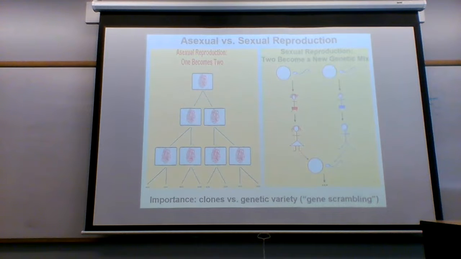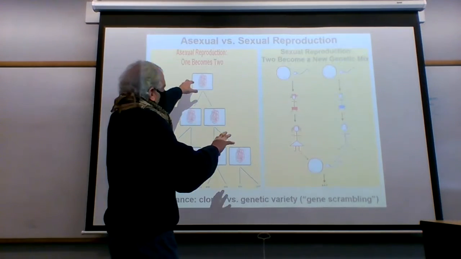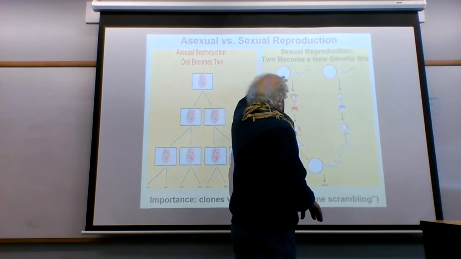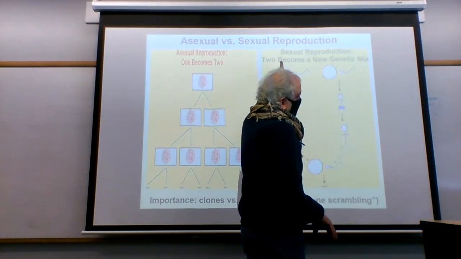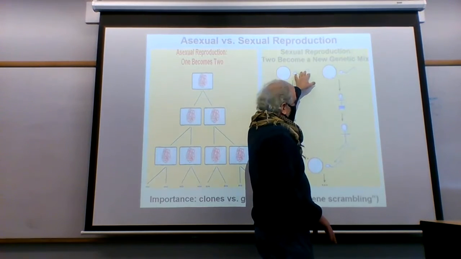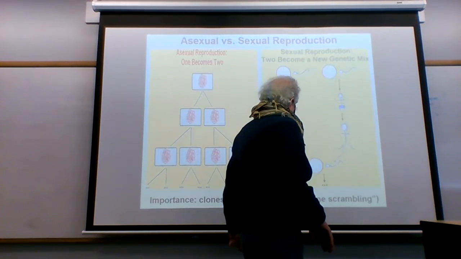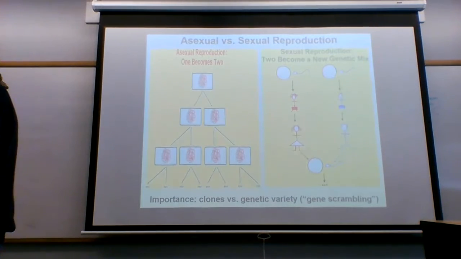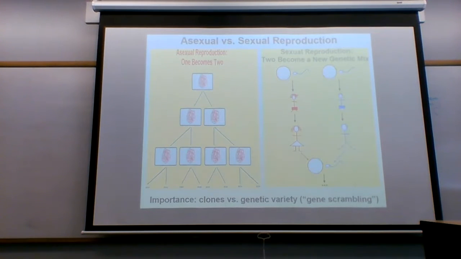And so this is a characteristic of these kinds of single-cell organisms, that one cell can begin producing a colony. Now, in sexual reproduction, rather than 1 becoming 2, we have a female, an egg, and a male, a sperm, fusing and producing a unique organism. And this allows for a lot more genetic variety.